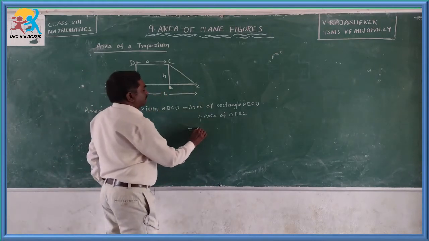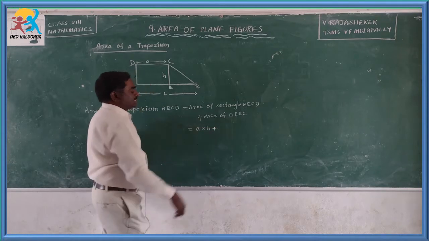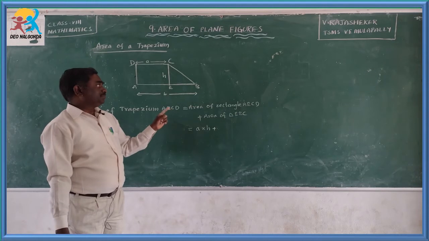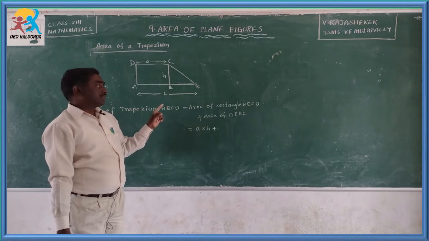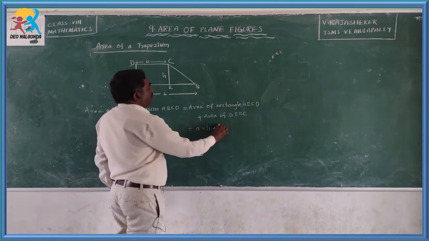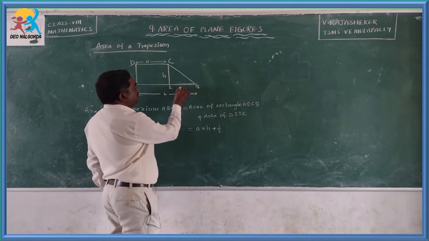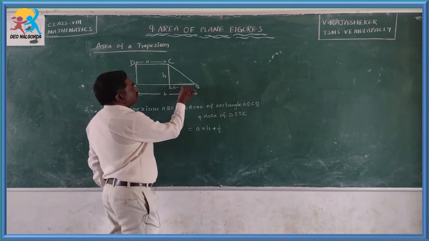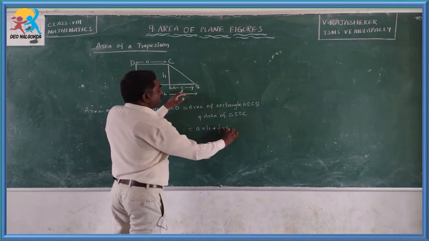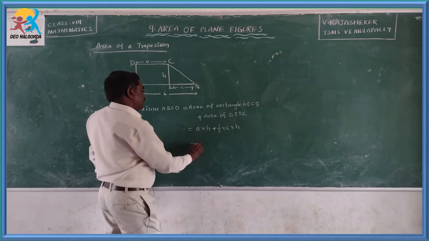So we can write a into h plus, and what is the area of this triangle? Half into base into height. Let us consider EB as c. So the base is c and the height is h.